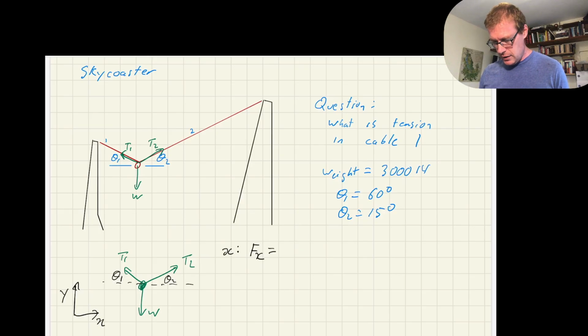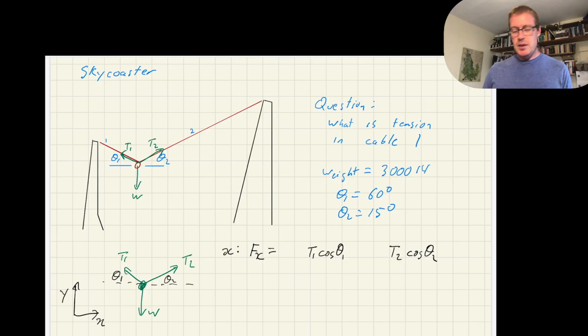And we are looking at the projection down here, and so that is adjacent to this angle. So it should be cosine. So we're going to have a T1 cos theta 1. We're going to have a T2 cos theta 2.